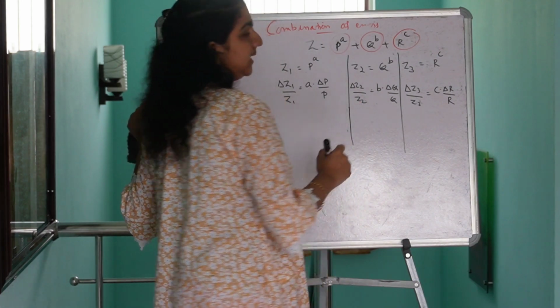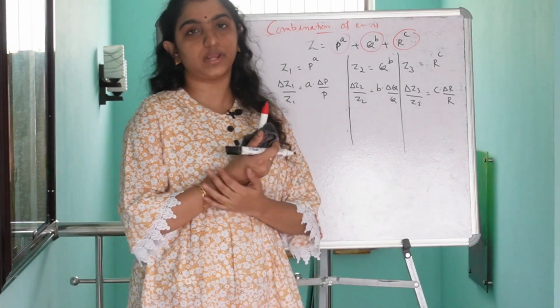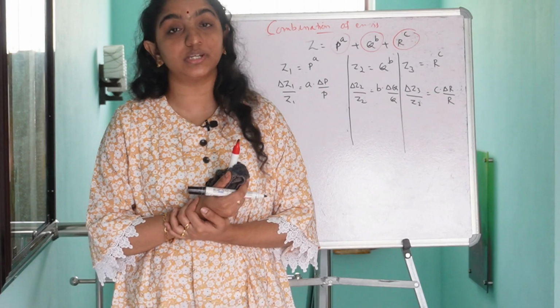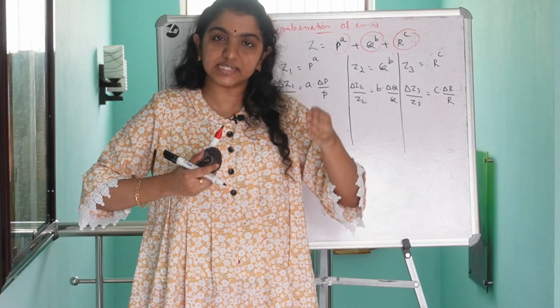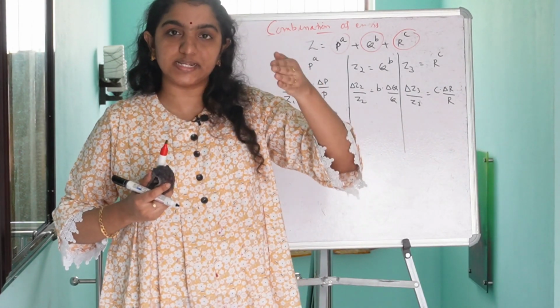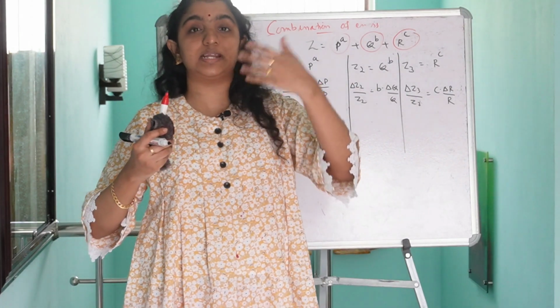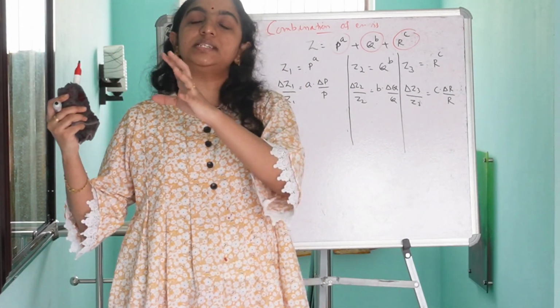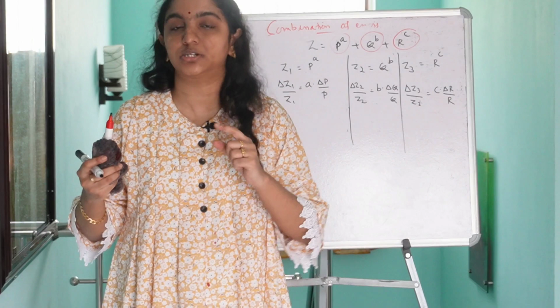Up to this, is it clear? In the previous two cases, that is in multiplication and division, the relative error in the resultant is directly connected to the relative error in the individual measurements, isn't it?